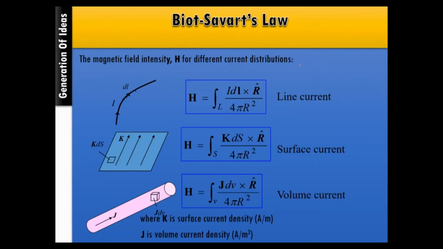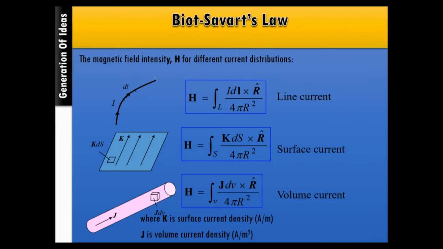So the magnetic field can be generated by different kinds of current distribution, just like in the electrostatic chapters where you can generate electric field intensity due to a point charge, a line charge, or a surface charge. For the magnetic field, it can be generated by different kinds of current distribution, such as line currents.